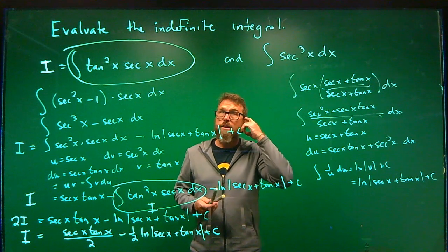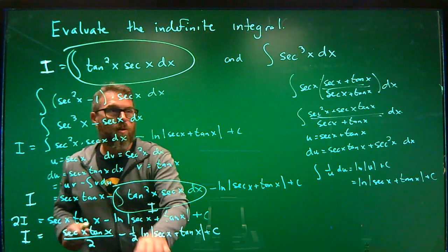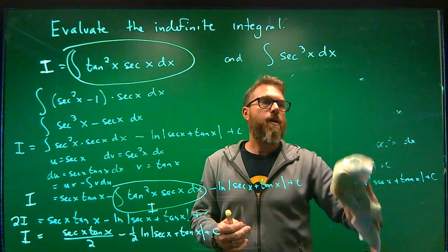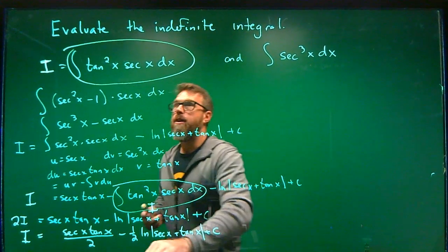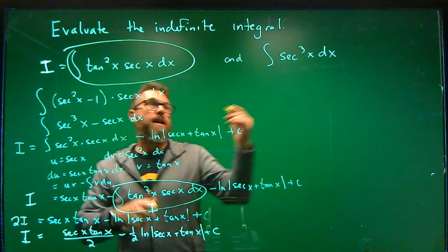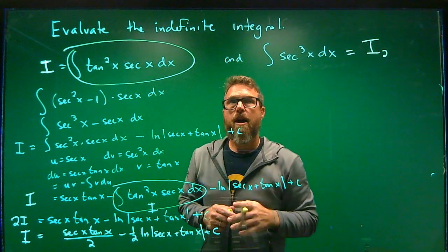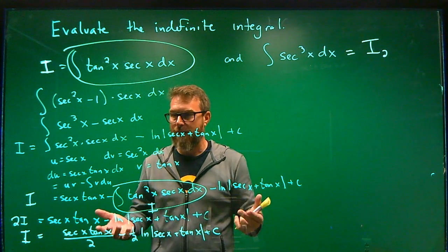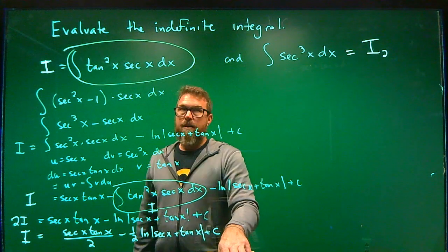Remember, I also wanted to be able to find the integral of the secant cubed function. So let's erase our work on the integral of the secants, and then see how I can integrate this secant cubed function. Let's call this guy I sub 2. So this target integral, which is the secant cubed, is already in this particular integral.